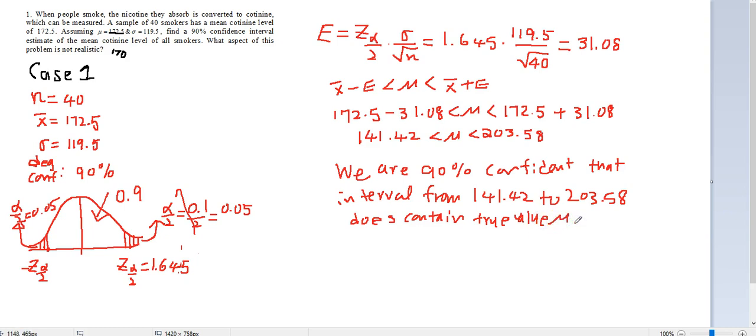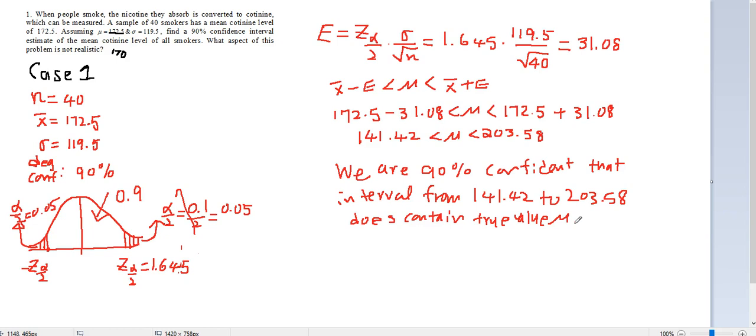Now remember, I told you that you cannot say that mu is between 141.42 and 203.58. That's not how we interpret this. All we're saying here is that we don't know exactly what mu is, but every time we take a sample, 9 out of 10 times the interval will contain the true value mu that we are looking for.